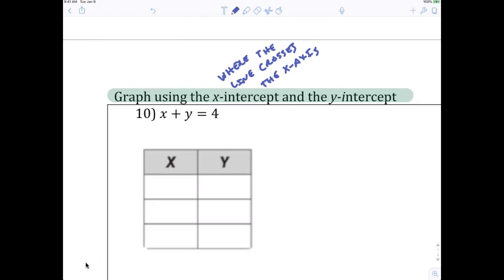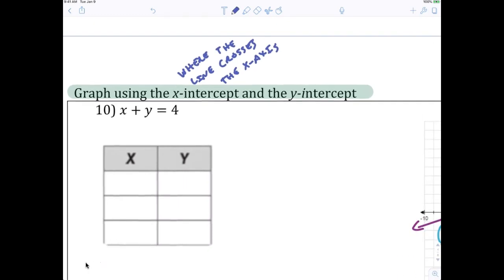Where the line crosses the y-axis. Exactly. Where the line crosses the y-axis. That's how you're doing this. All right? That's the definition. All right, that's what you have to know.